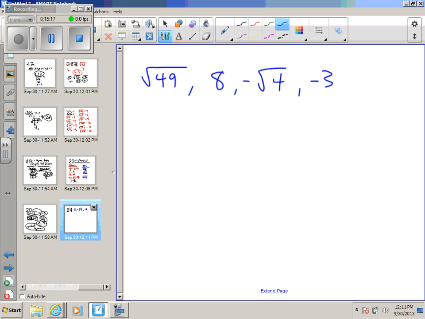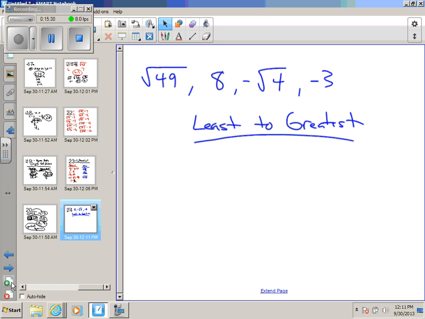Let's order these from least to greatest. Probably the easiest way for us to order them is to get them all looking the same. Put them all in the same form.